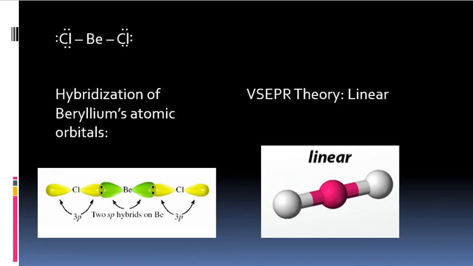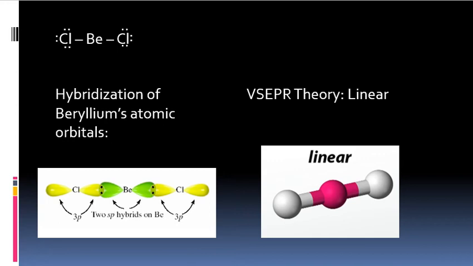Therefore, the picture on the left shows those 2 different sp hybrid orbitals overlapping with a 3p orbital from the chlorines. And according to valence bond theory again, those bonding electrons will be located in the area of overlap between a 3p orbital in chlorine and one of the sp hybrid orbitals in beryllium.